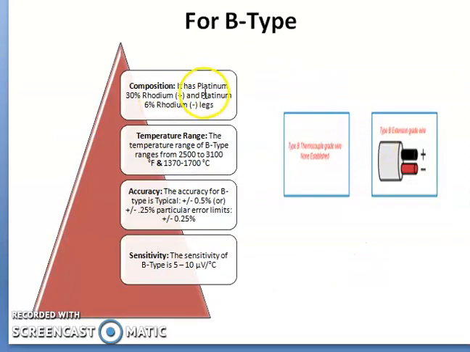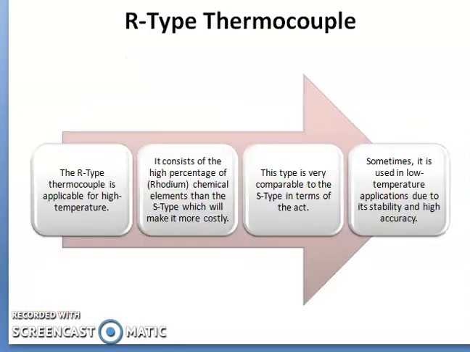Now coming to the features, it has platinum and rhodium legs. The temperature ranges from 2500 degrees Celsius to 3100 Fahrenheit, and the accuracy is plus or minus 0.5 percent and the error limit is plus or minus 0.25 percent. The sensitivity is 5 to 10 microvolts per degree Celsius.